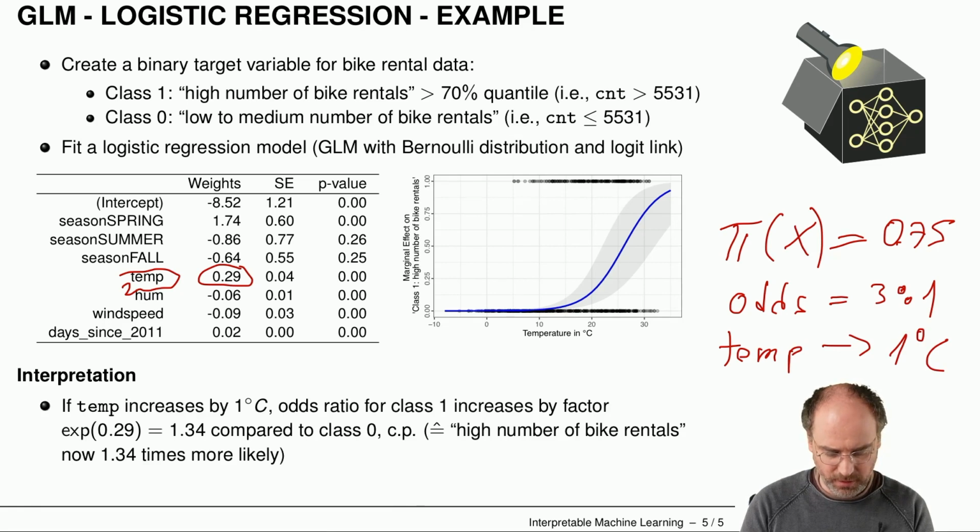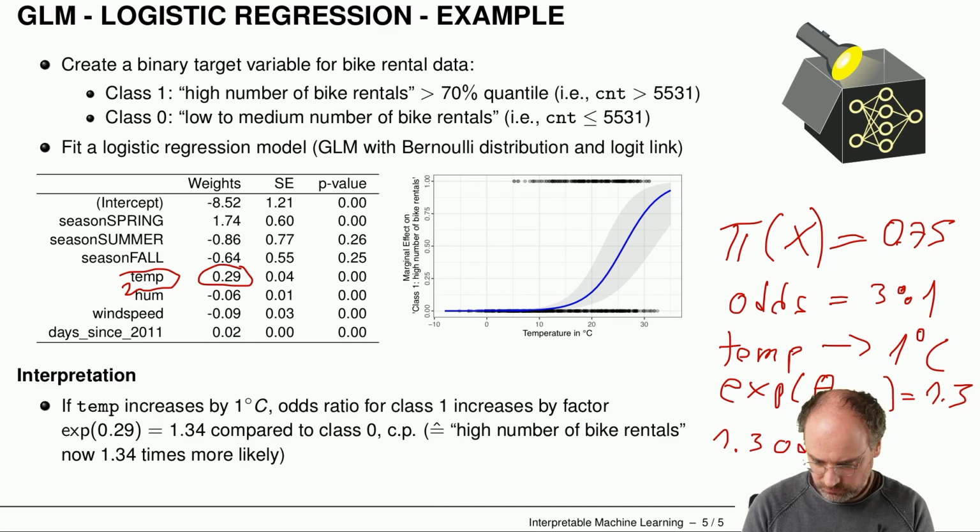Then we have exp of theta temp, that's roughly 1.3. So we now have to multiply our odds by that factor. And if the odds are 3 to 1, our new odds will be, well, 4 to 1, because 3 times 1.3 is approximately 4. So our new odds would be 4 to 1.